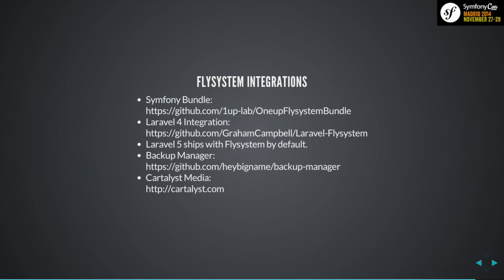But in that package, why would you want to do that all over again if it's not the core of your package? So you can depend on Flysystem to do that for you. And I think there's also a Zend 2 integration, so pretty much for every major framework you can use it.